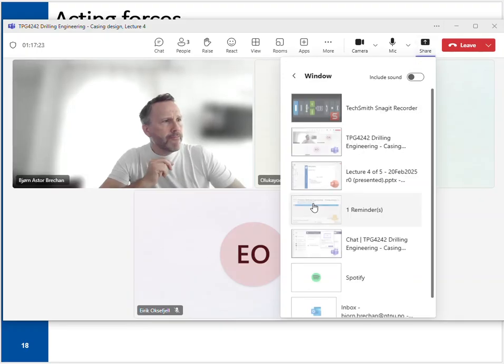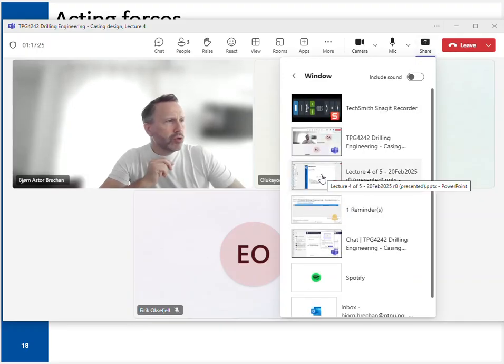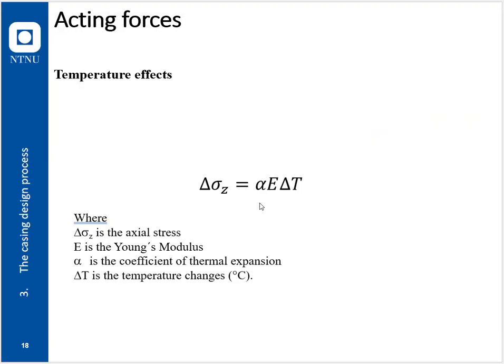I will now move on to continue with the presentation. We have the acting forces still to cover, about to finalize them, moving on to the limitations of what pipes actually can endure in very few slides here.